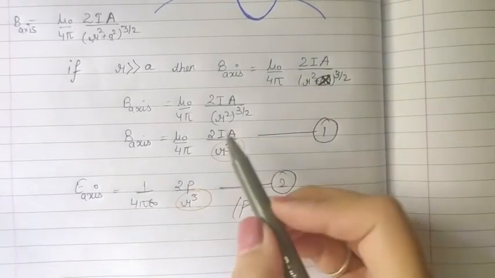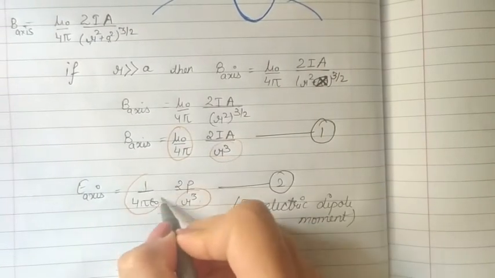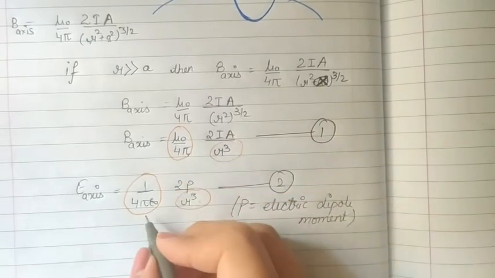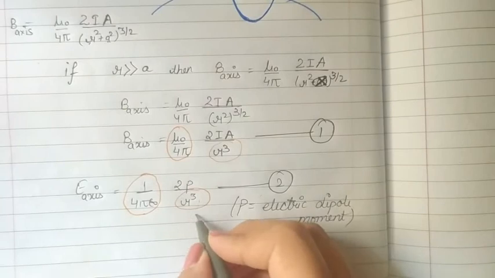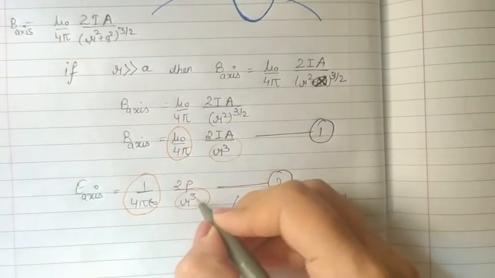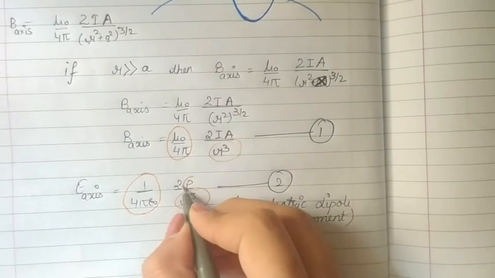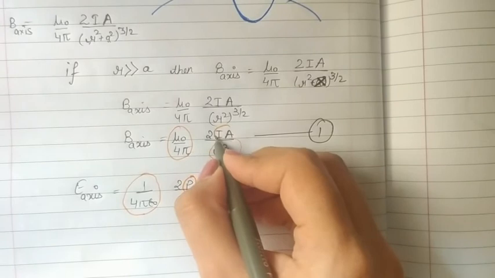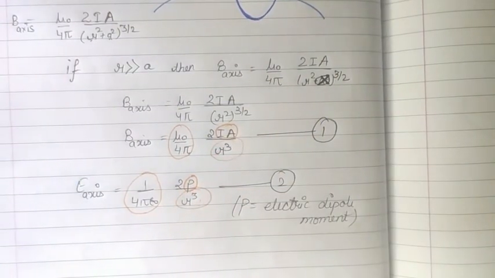That means if you compare these two equations, these are the constants, the constant in case of magnetostatics or magnetism, and the constant in case of electrostatics. 2 is same, r cube is same. So when we compare these two equations, this is p, the electric dipole moment, and this IA term must be the magnetic dipole moment for that loop.